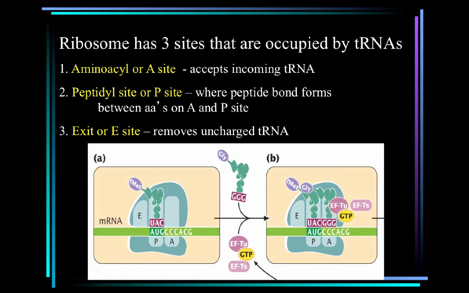So keep in mind that the ribosome is going to have 3 major sites that are occupied by transfer RNAs. So when we brought the small subunit and the big subunit together, and the mRNA strand is sitting in between those 2 subunits, within that ribosome there's 3 different spaces.